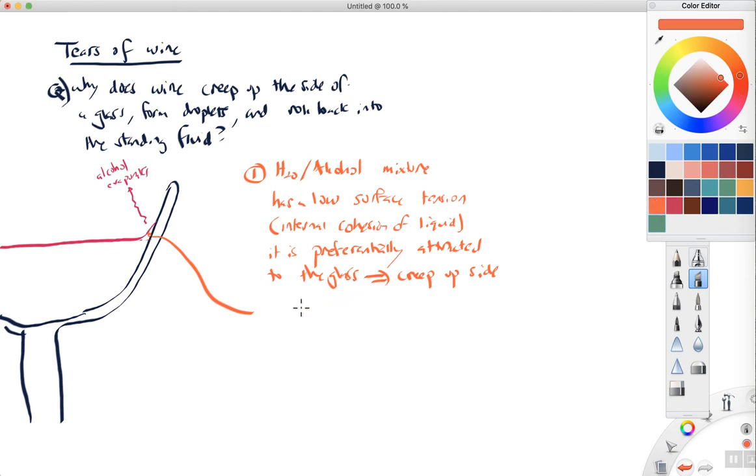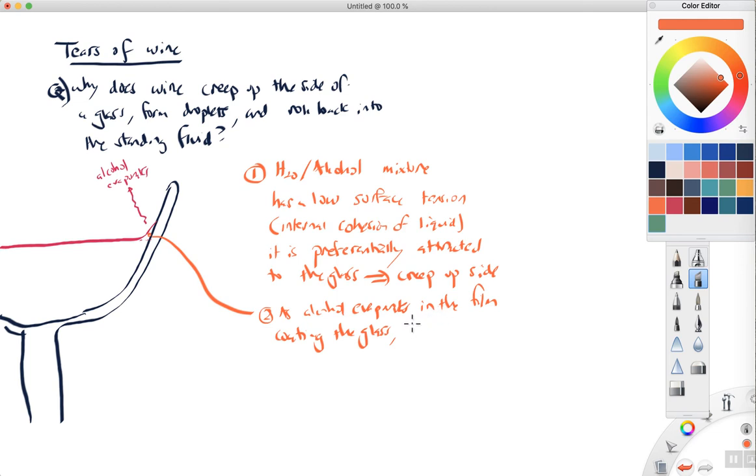So as the alcohol evaporates in the film coating the glass, what happens there?